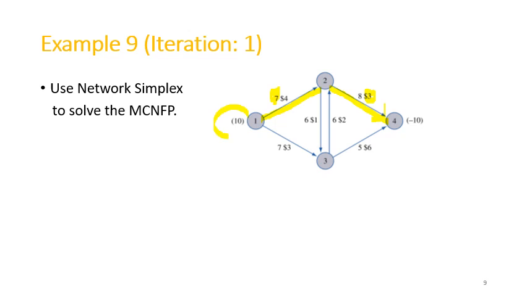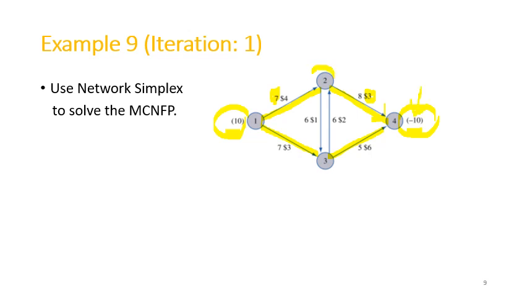The values inside the parentheses are the net supply of the corresponding nodes, which means that node 1 will have an outgoing flow of 10, and node 4 will have an incoming flow of 10 because the sign is minus 10.